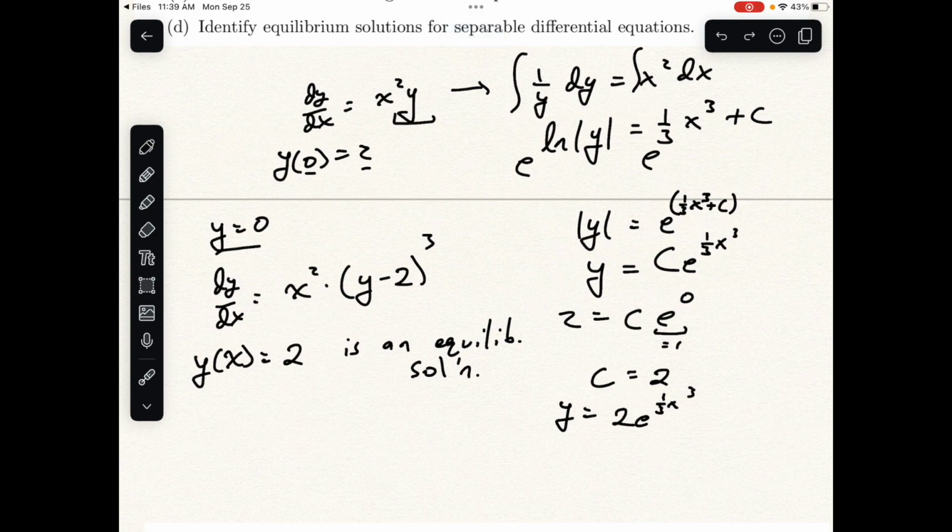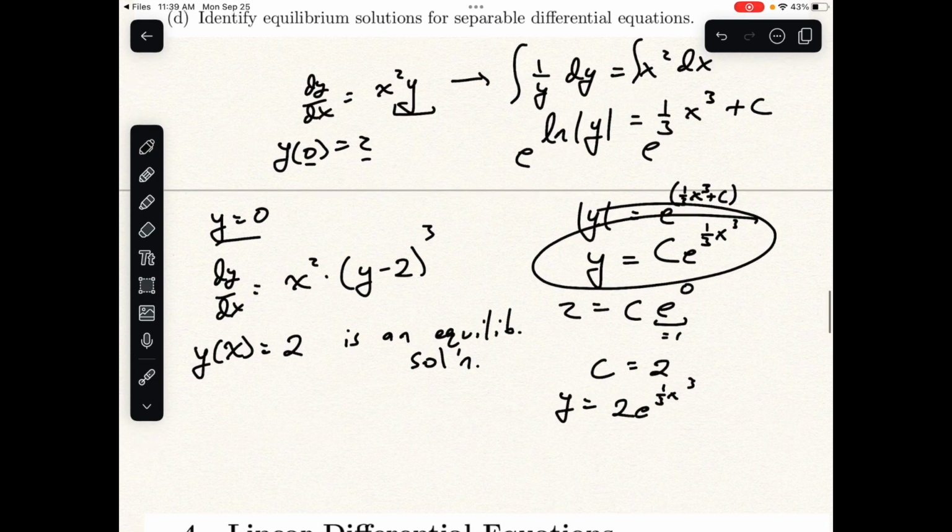In some cases it will be, like the function y of x equals 0 does actually get included in this example over here. So over here the equilibrium solution is represented, but it's not always represented. So you have to be aware of when you have equilibrium solutions that are not represented in your final answer.